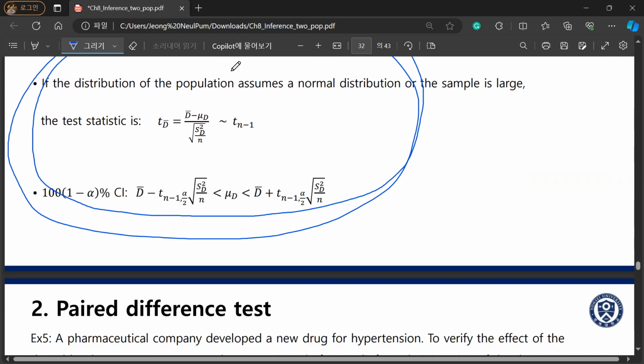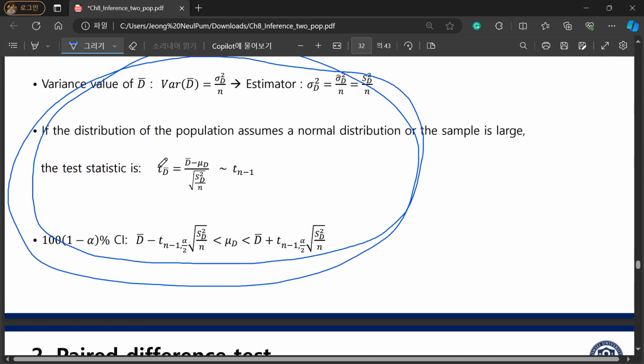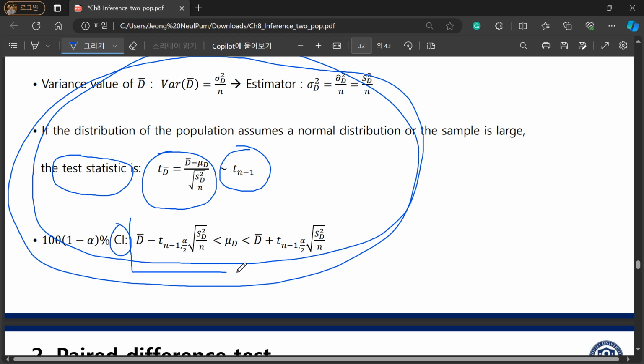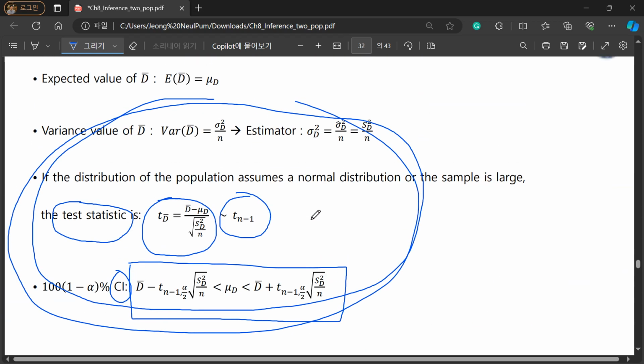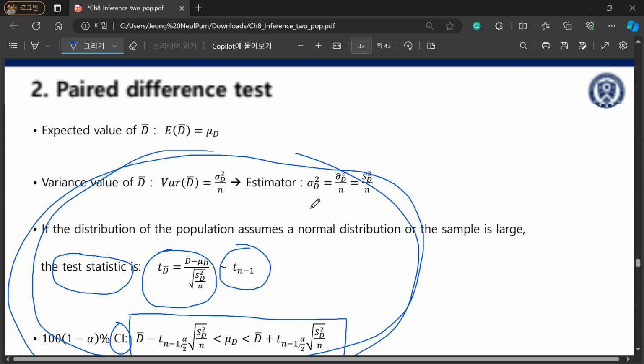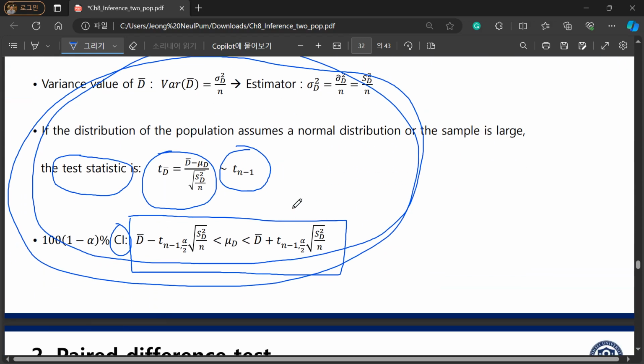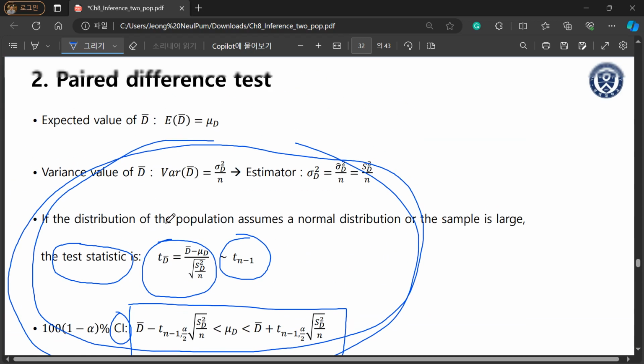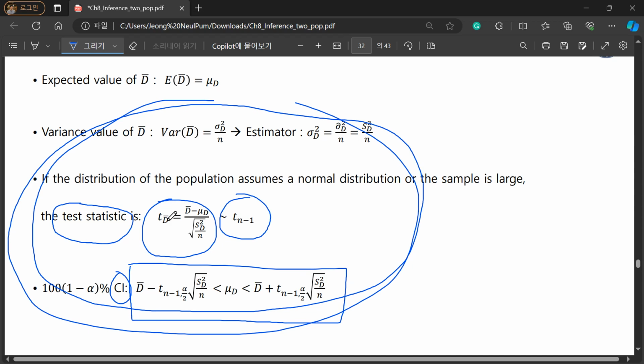As we have already done, our test statistic follows the t distribution with the degree of freedom n-1, and our confidence interval also has this value. This is a known fact, so you have to accept it, even though you may not understand the whole derivation of this procedure.